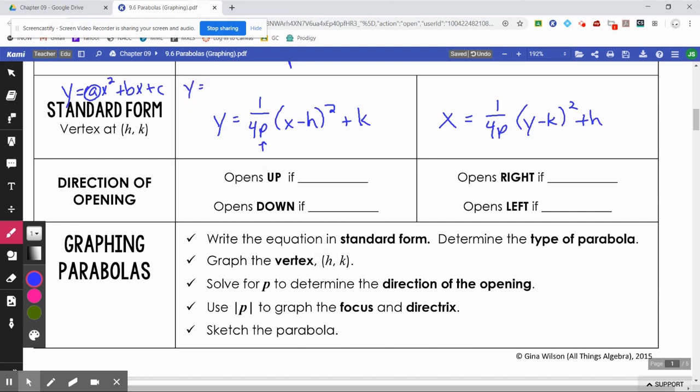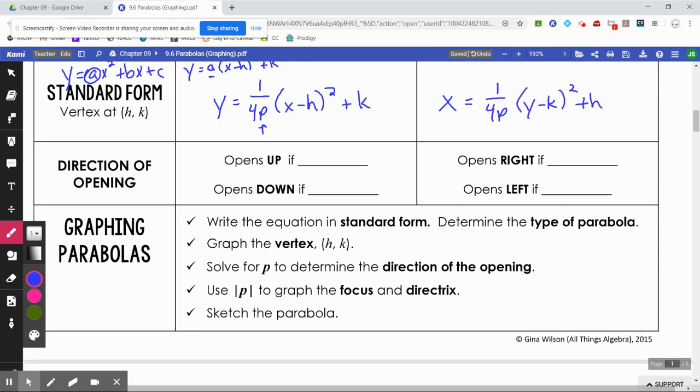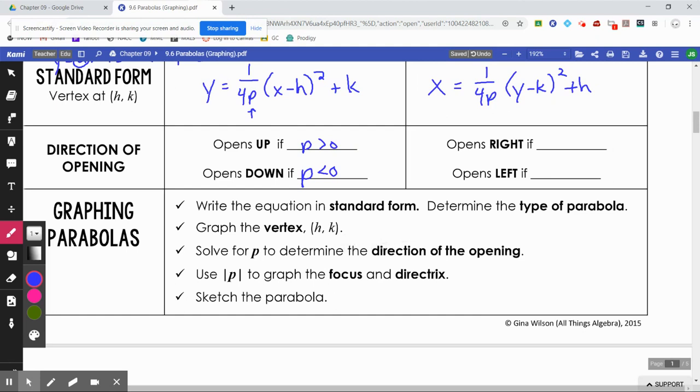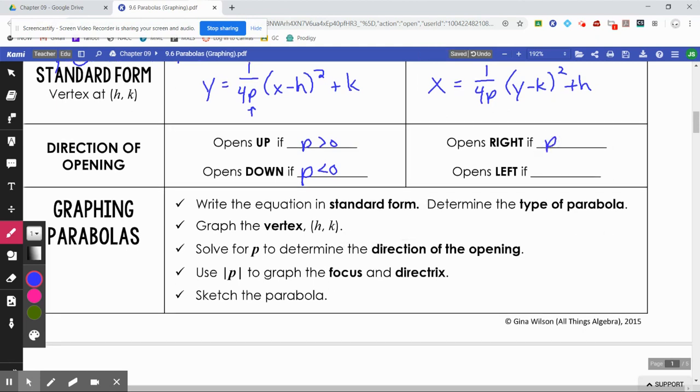However, that a is the same thing as this 1 over 4p here, and what forces that a to be positive or negative is this p value. Your parabola is going to open up if p is positive, and open down if p is negative, or less than 0. Same thing over here: it's going to open right if p is positive, and open left if p is negative.